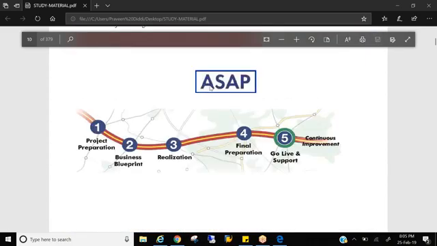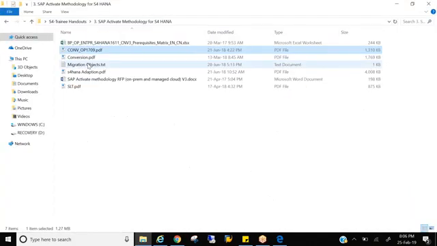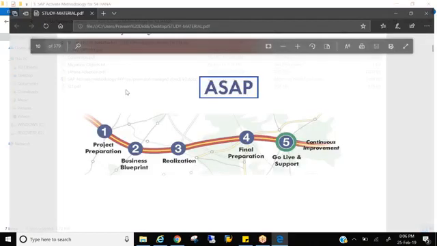I told you, ASAP methodology has been in SAP for the last 20 years, since R/3, but SAP has stopped this ASAP methodology in S/4HANA, and SAP has come up with a new methodology called the Activate methodology. Let us see what it is. A little introduction, not in detail, but at least enough to handle the interview questions.